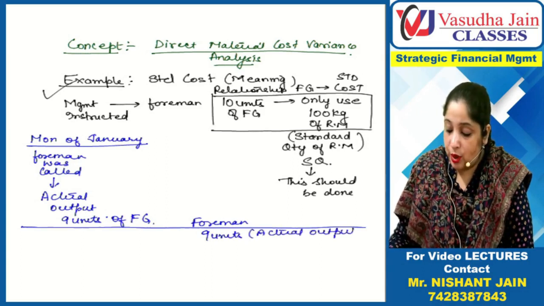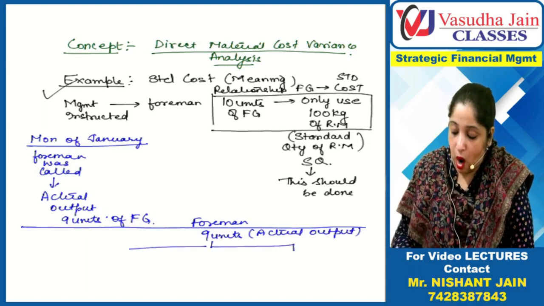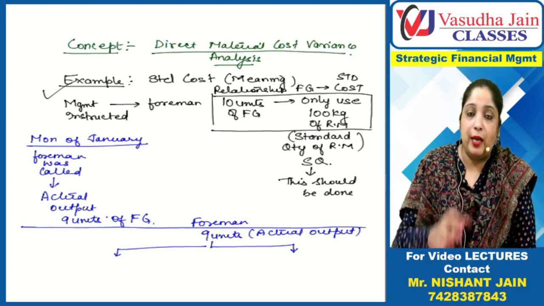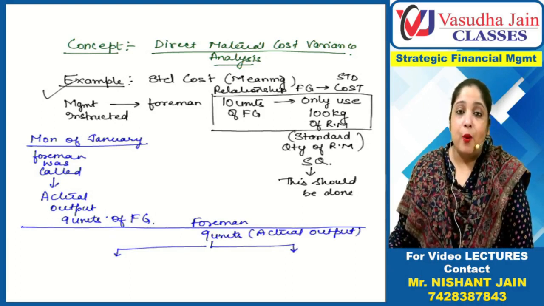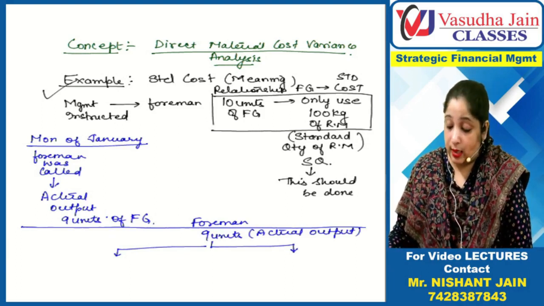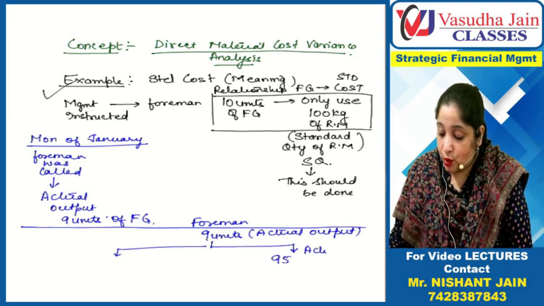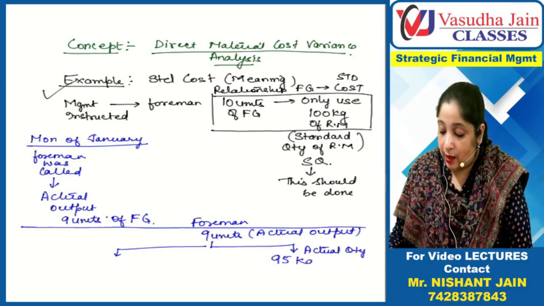How much quantity of raw material have you used in the manufacture of 9 units? And the foreman with a smiling face said that the actual quantity of raw material which we have used is 95 kg.